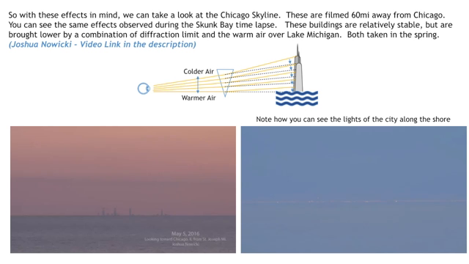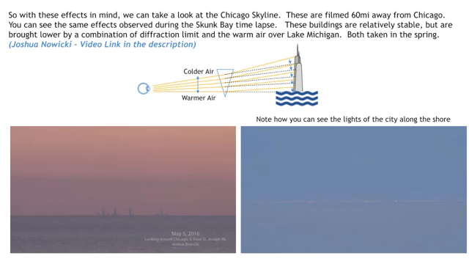Both of these images are taken in the spring, but you can kind of see somewhat of the wavy appearance of the buildings, just like we saw in the Skunk Bay footage. But again, these buildings are lost by a combination of this upward refraction of this warm air layer over the water, bringing these buildings somewhat lower down, just like the oil rigs, and an angular resolution limit that is cutting off parts of the lower aspects of the buildings.